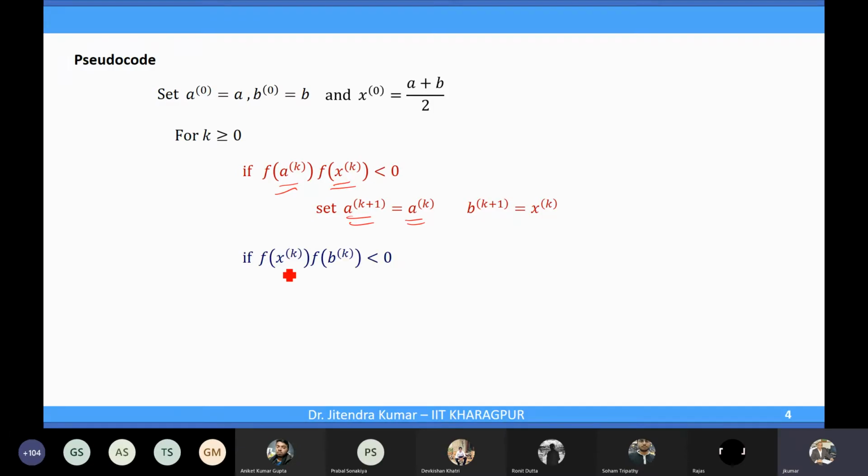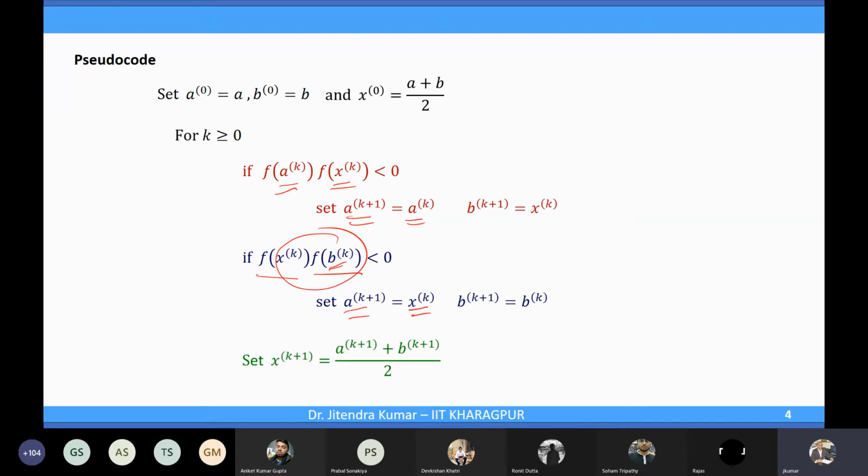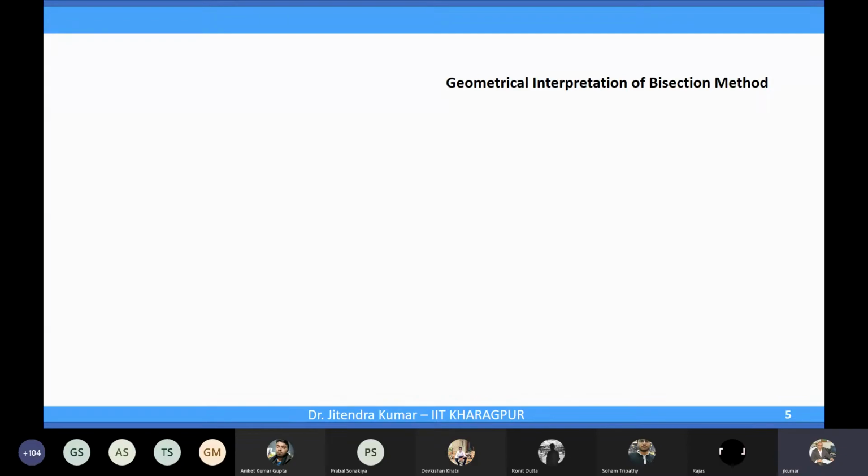If it is the other way around, that f(x_k) times f(b_k) is less than 0, you set the left boundary to x_k and the right boundary to b_k. Then go again to the middle of this interval and continue the same process again and again until you get a value which is close to the root. Maybe first a geometrical interpretation, then if you have any query you can ask.